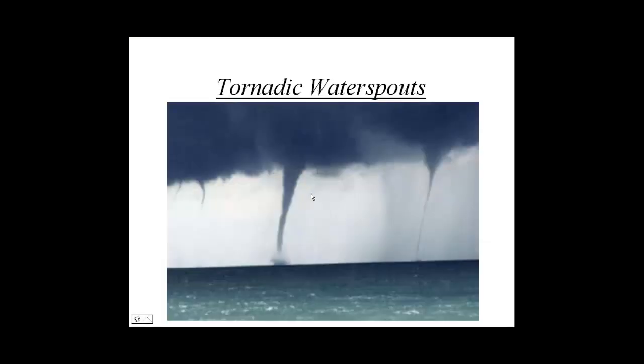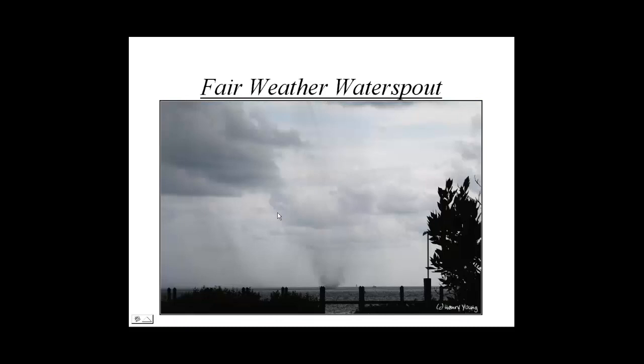And here are tornadic waterspouts. These are very, very destructive. They develop from the cloud layer and they touch down. You can have wind speeds of well over 100 miles an hour. I think in these recent tornadoes in the south, I heard that they said up to 150 knot winds. So these can be very destructive.